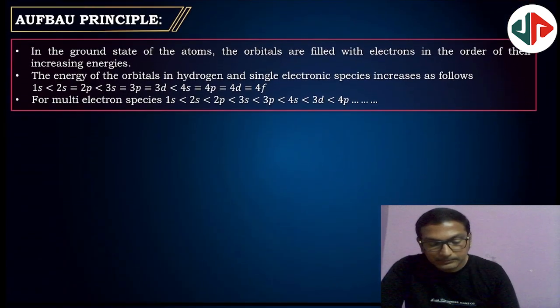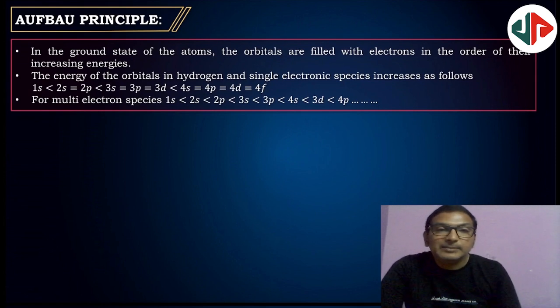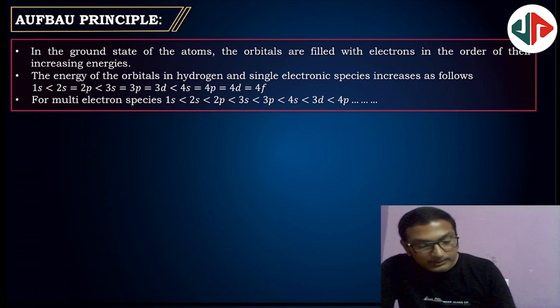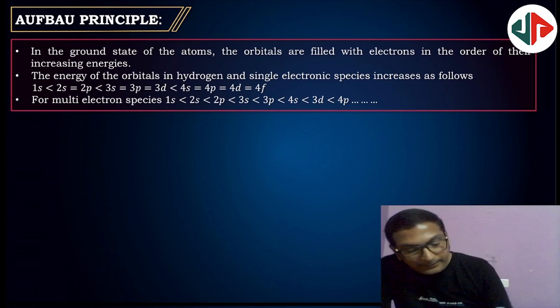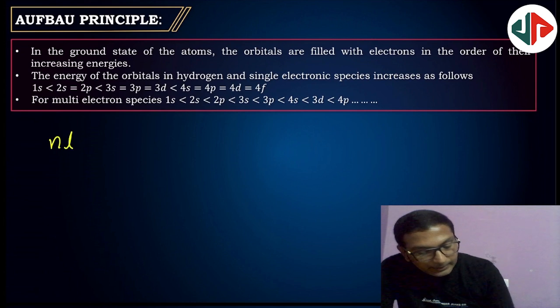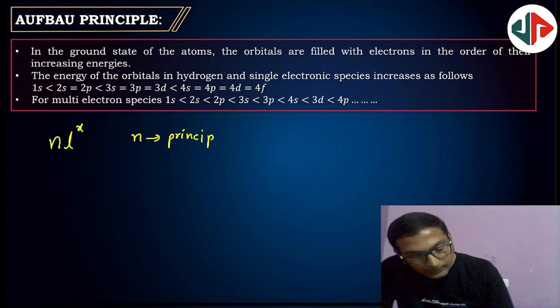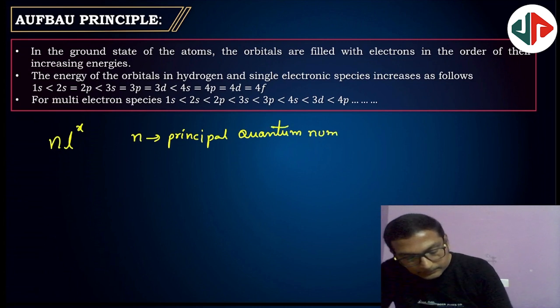Next, three principles will be there for writing electronic configuration. So electronic configuration will be n L power x, where n is principal quantum number, which represents shell or orbit.